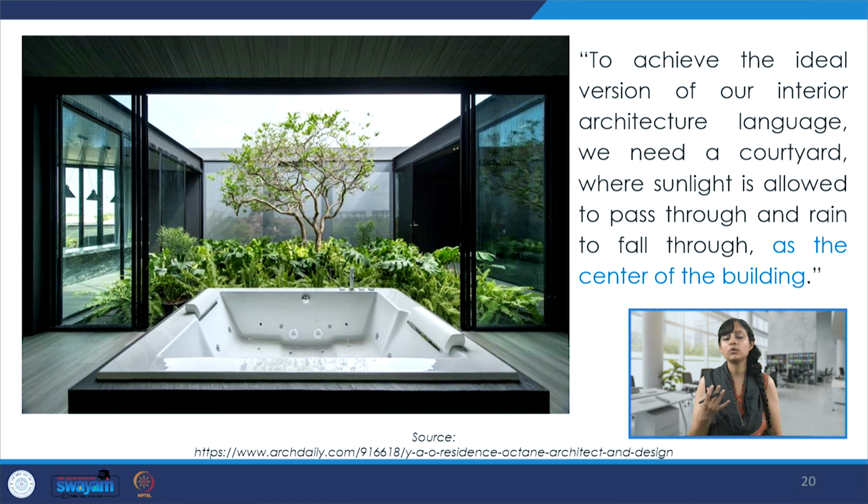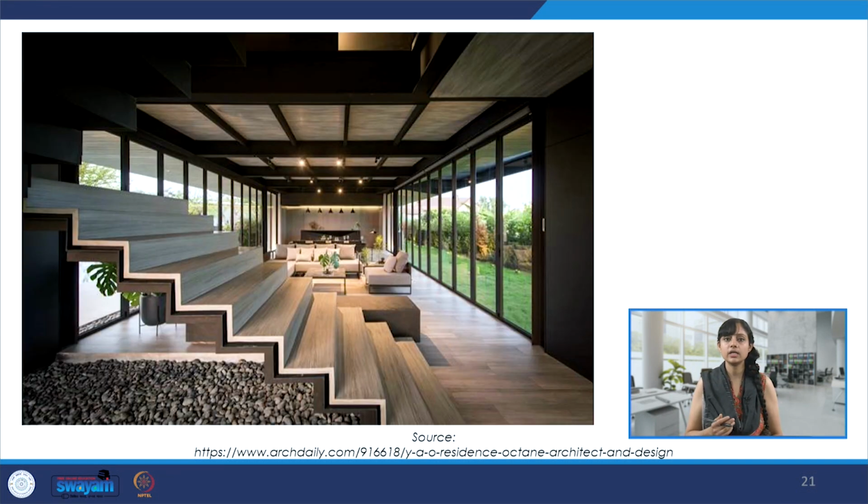And we are talking about this interior architecture vocabulary. So again, focusing on the courtyard, the play of light and shadow, the entry of the sunlight, and when the rain falls, the falling of rain and its sounds, etc. All of those sensory experiences have been captured over here, and this forms the center of the building.